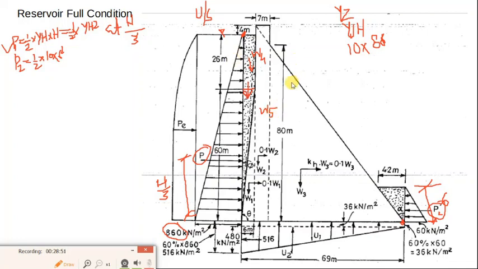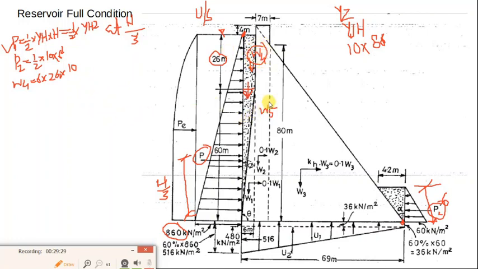So W4 is equal to 6 multiplied by this height, which is 26, multiplied by the unit weight. Now what will be the unit weight? Unit weight of water, because it is a water column. So this is how you can calculate W4.